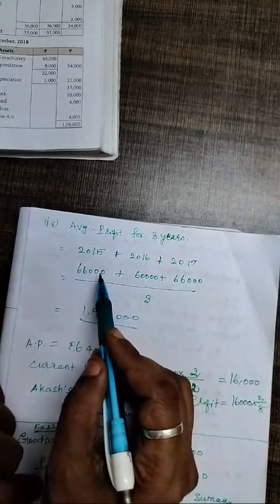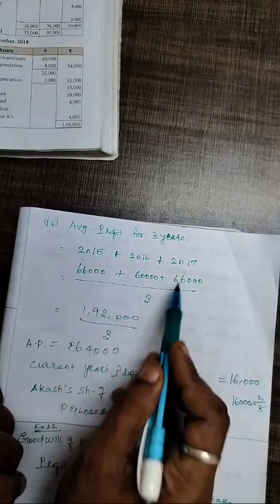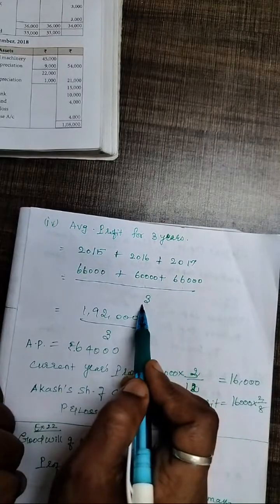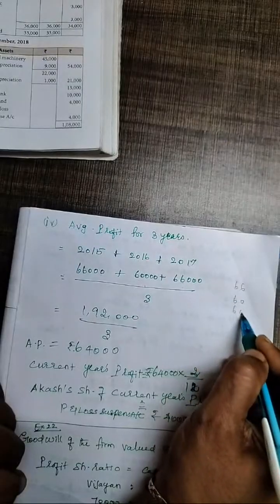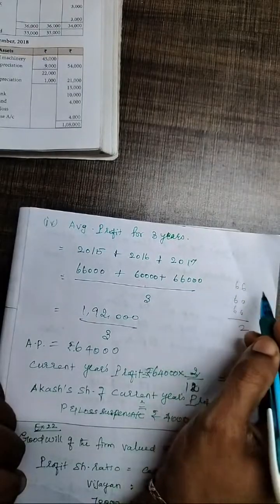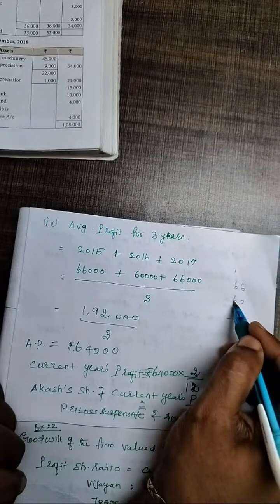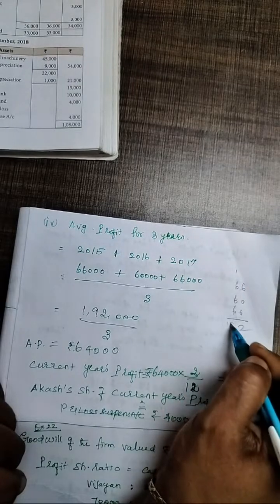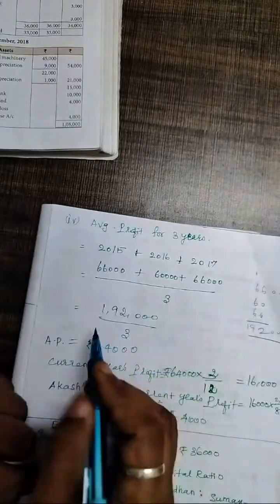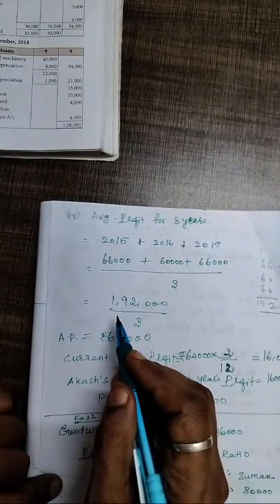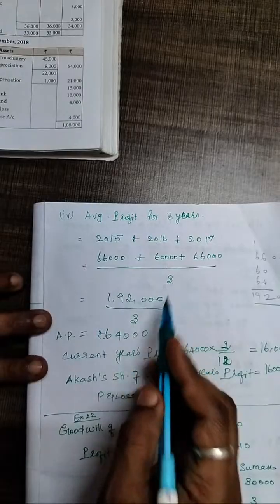How many years are here? There are 3 years, so divide by 3. After adding 66 plus 60 plus 66, we get 1,92,000 rupees divided by 3.